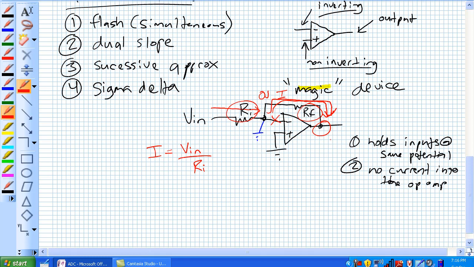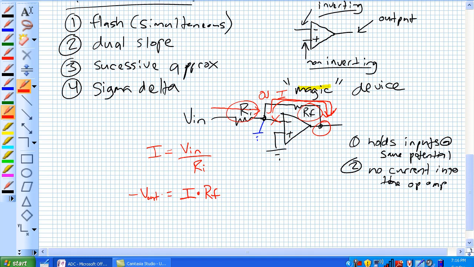And what is that lower potential? Well, it's the same current I times RF. And because it's lower, basically, negative Vout is equal to the same current times RF.